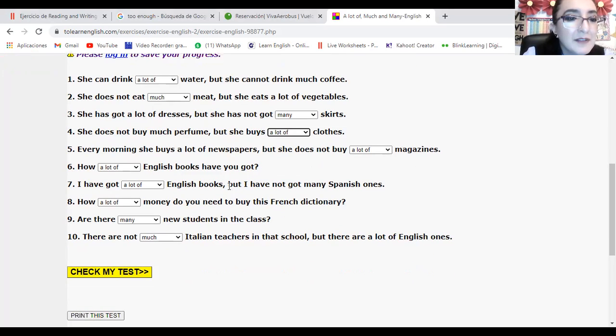Now, every morning she buys a lot of newspapers, but she does not buy what? Magazines.